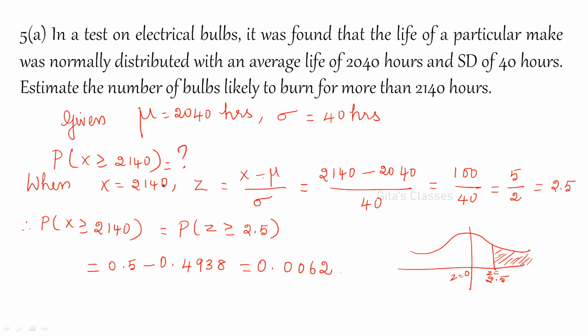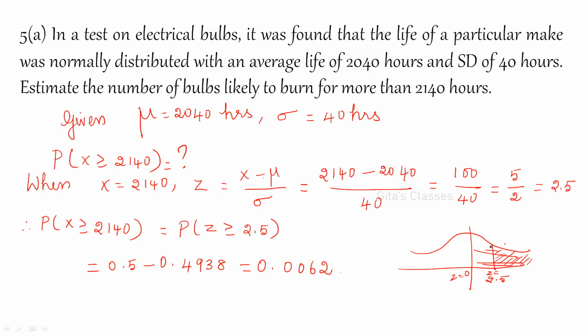So when x is equal to 2140, if you want to make use of the table values, you have to convert it in terms of z. The relationship between x and z is z is equal to x minus mu by sigma. If you substitute, you will get z is equal to 2.5. So x greater than or equal to 2140 is equivalent to the probability of z greater than or equal to 2.5. The entire region is 0.5, so 0.5 minus this region, the extra we have taken.